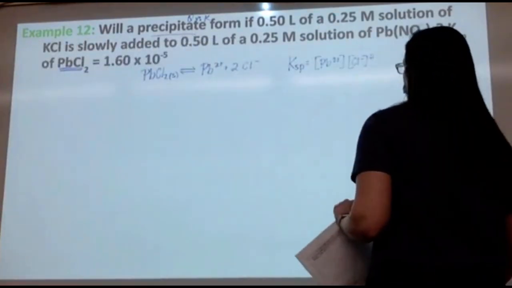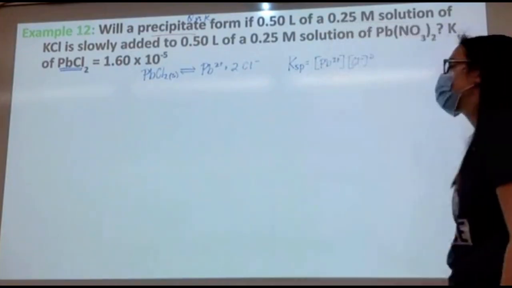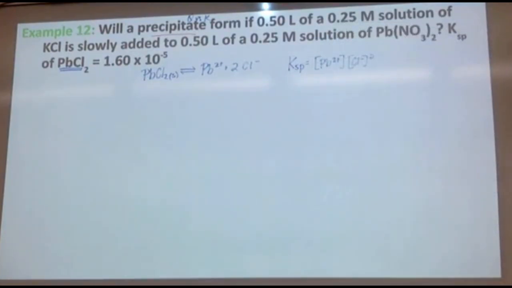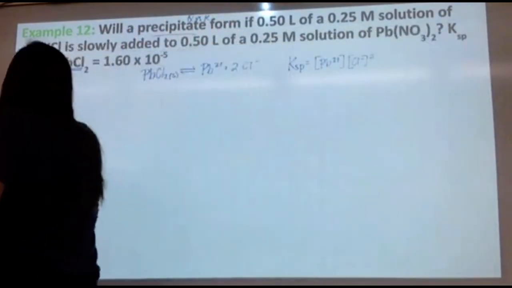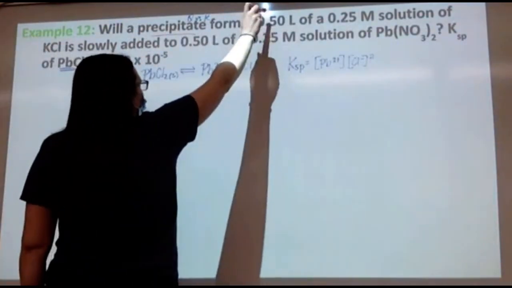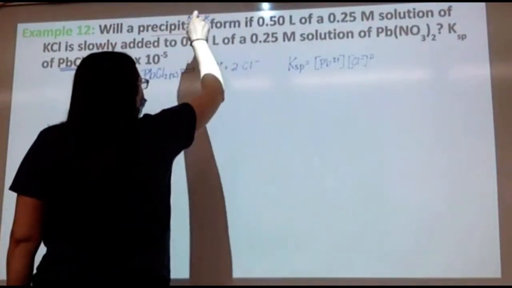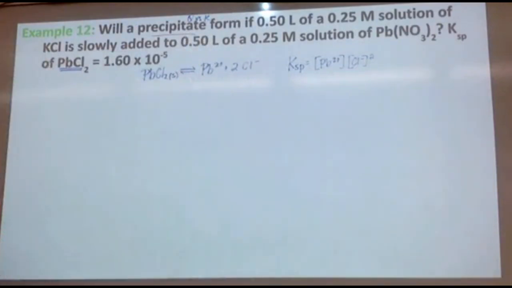So now what is the Pb2+ concentration that we're plugging into Q, and what is the Cl- concentration that we're plugging into Q? However, before we plug anything in, we are adding volume to volume. When you add volume to volume, you're diluting.